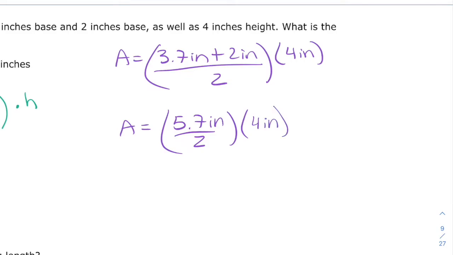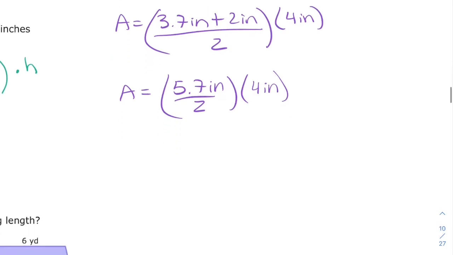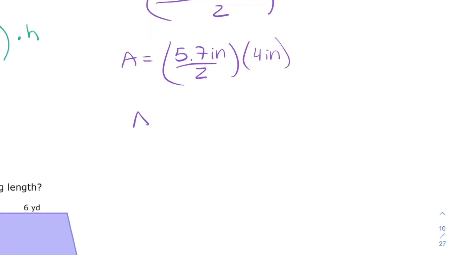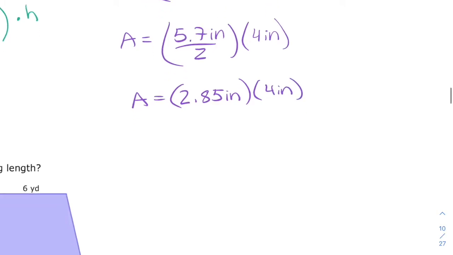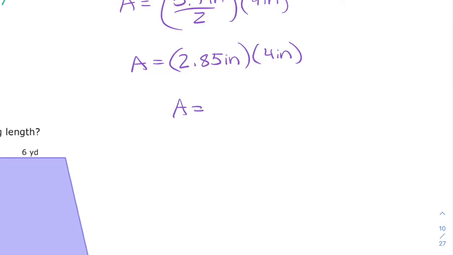So 5.7 divided by 2 is 2.85. And that's going to multiply by 4 inches, so I get area equals 11.4 inches squared.